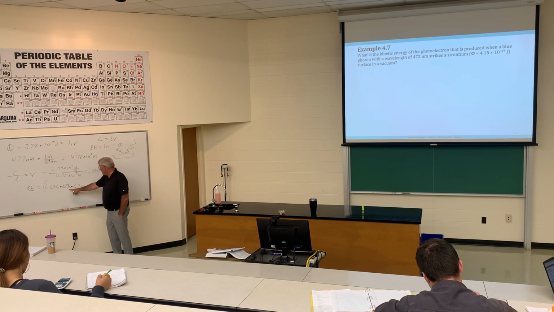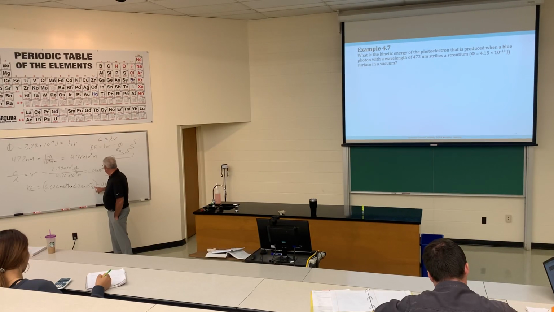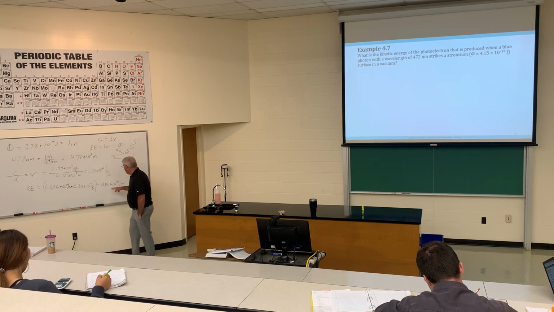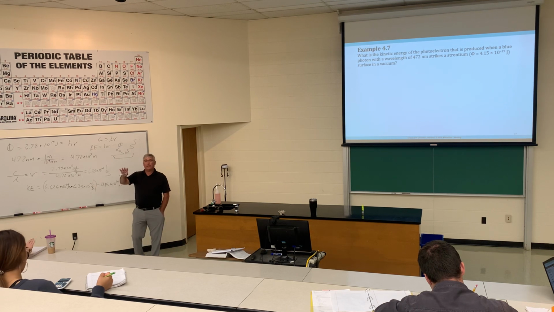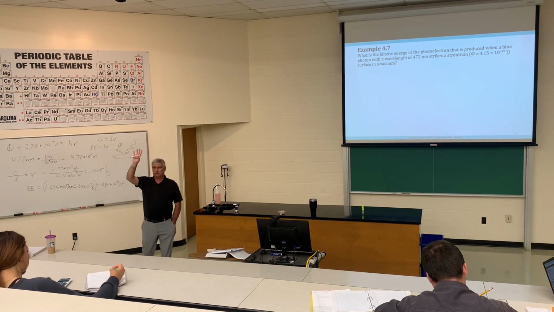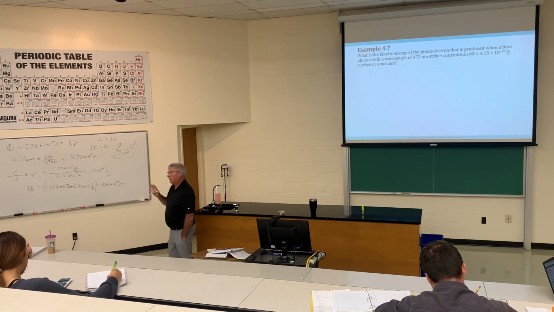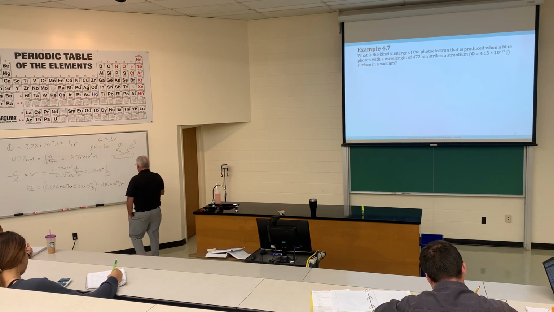If you look at your units, this is joules times seconds, and this is 1 over seconds. So my seconds cancel, and this term is in joules. Then we're doing a subtraction, and this term is in joules too. To subtract, you realize we have to have like units.